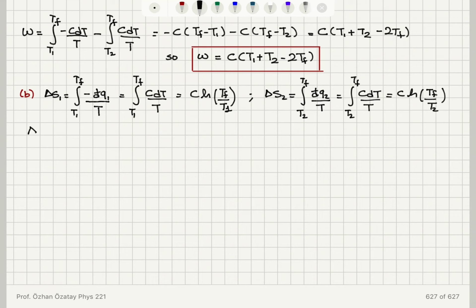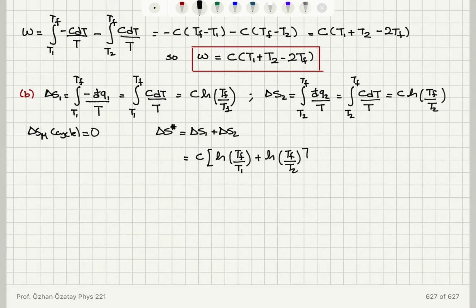So the entropy change of the engine, this is a cyclic process, so it is 0. Therefore, the total entropy change, delta S star, is delta S1 plus delta S2, which is equal to C times natural logarithm T final over T1 plus natural logarithm T final over T2, and this becomes C natural logarithm T final squared divided by T1 T2, and this must be greater or equal to 0, second law of thermodynamics.